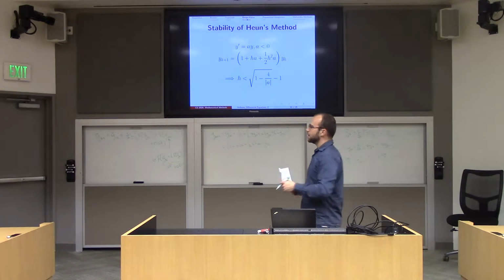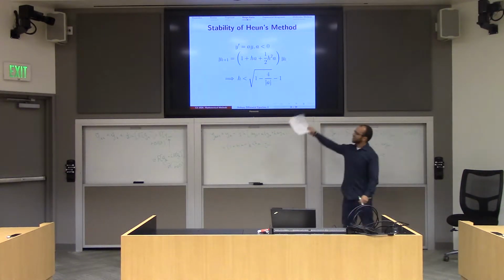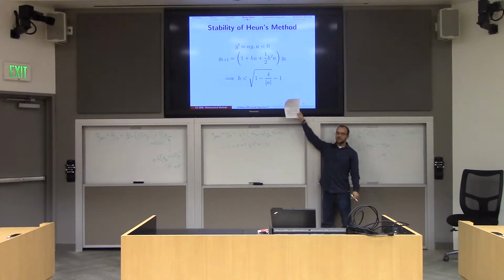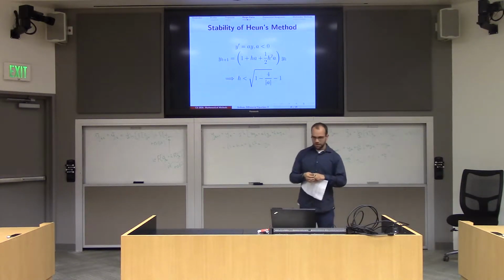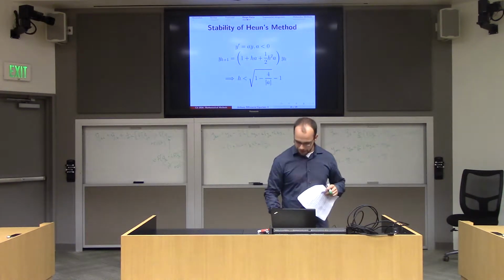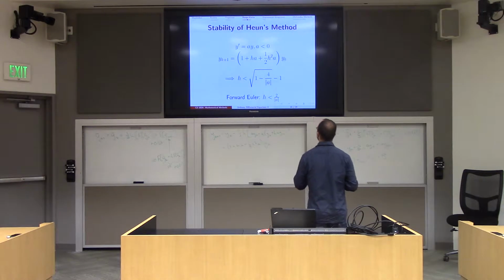Okay, so if you plug this thing into Wolfram Alpha, which is what I did, what comes out is that your h has to be bounded above by this weird square root. Now, what's important here isn't really this formula. Usually what you do is bound this thing instead of trying to solve this inequality in any sort of tight way. But one thing you should keep in mind is to compare this with forward Euler.